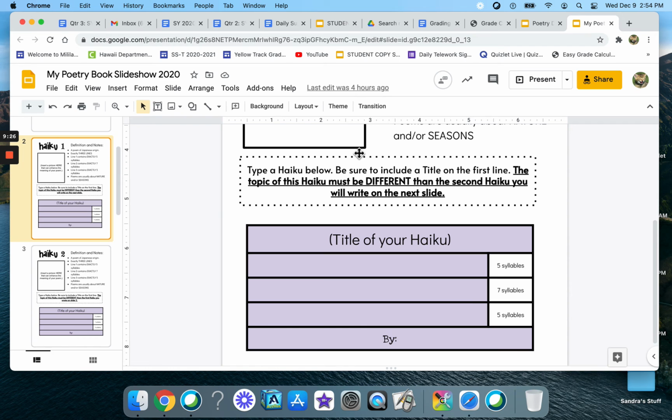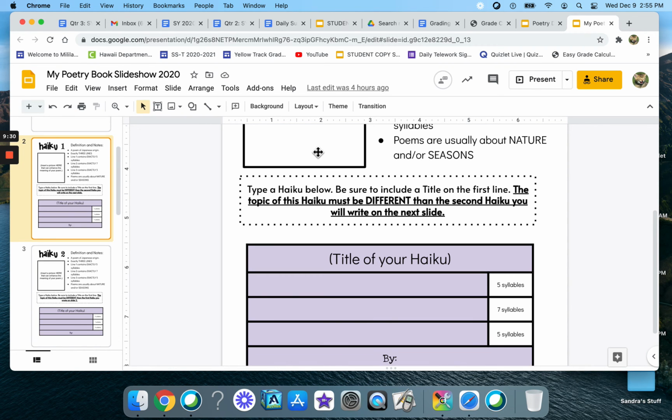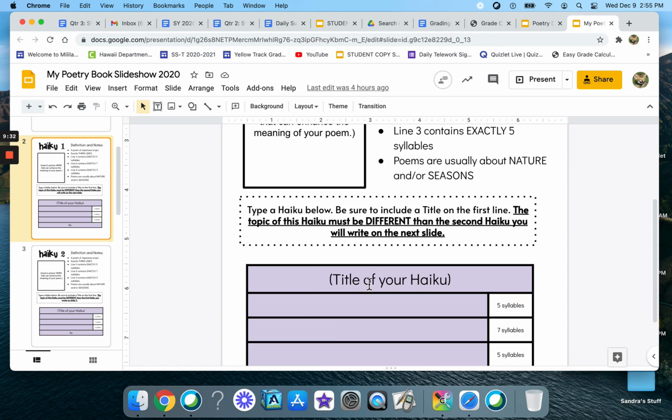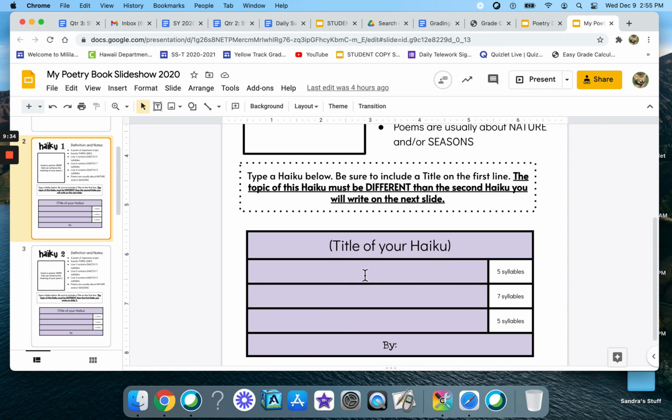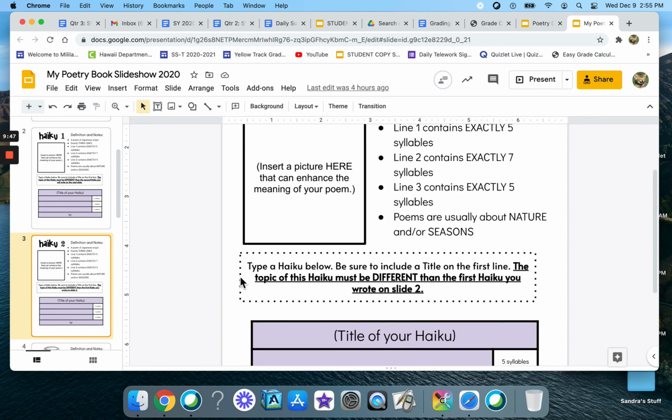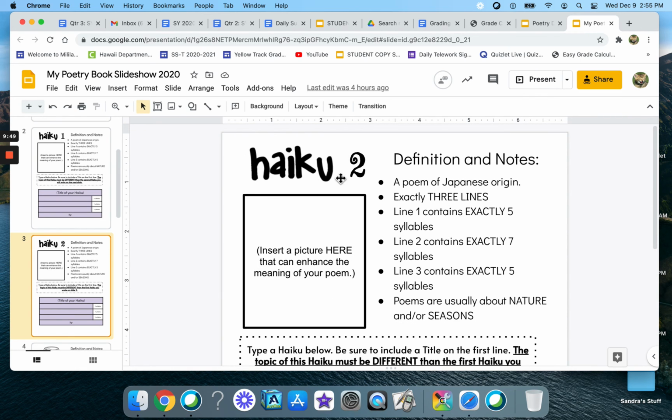Or maybe, no, let me take that back. Let's say your first haiku is going to be about snow, right? You have a snow picture up here, and you're going to write about snow. Make sure your haiku has exactly 3 lines, 5 syllables, then 7 syllables, and then 5 syllables, and then type your name here.